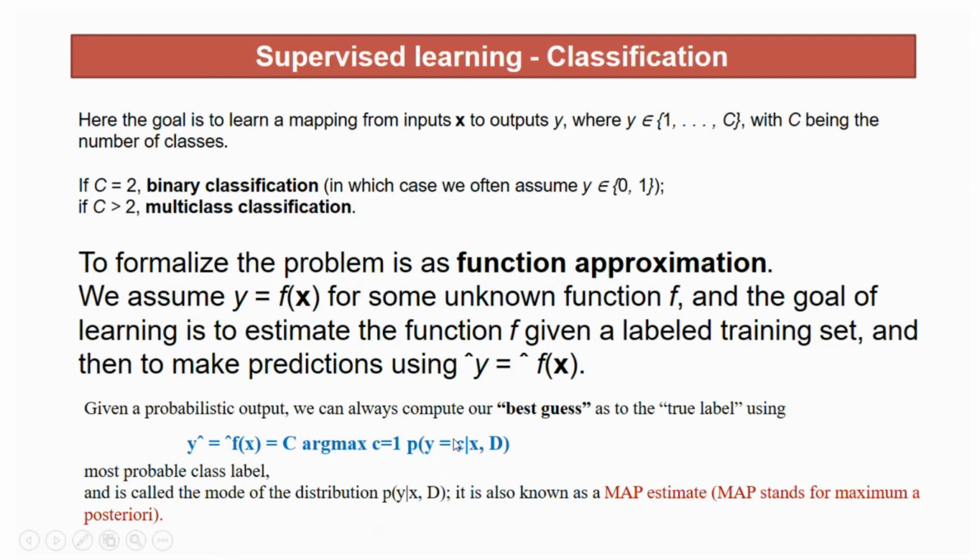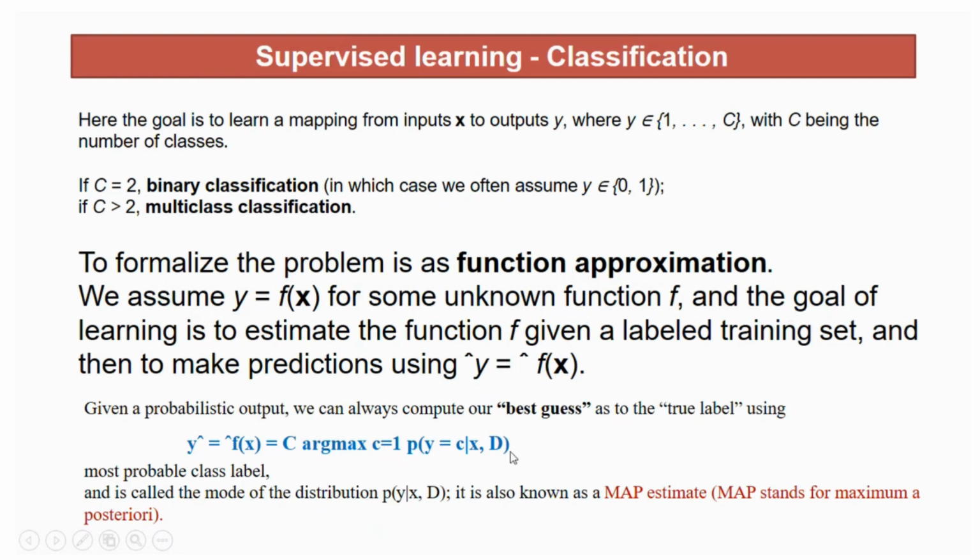So y is a function of x which yields the correct class label, assigning x to the appropriate class C. The probability of assigning to the class is maximized with the argmax, assigning the data to the corresponding class with probability p, where y takes the value C for the given x with respect to the training set D.